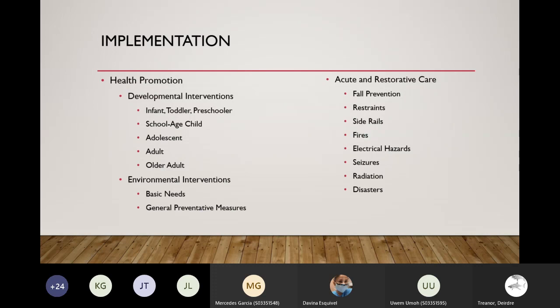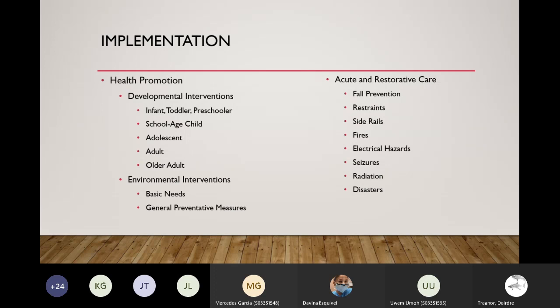So interventions, infants, back to sleep. So teaching parents that the children need to sleep on their back. That's health promotion. Immunizations, not having pillows or bumper pads or large stuffed toys in the crib.